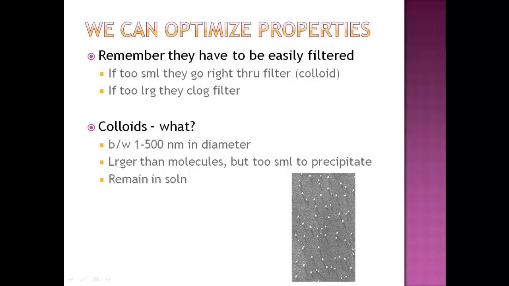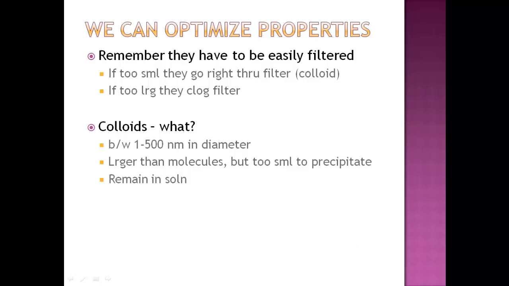So what defines them is that they're between 1 and 500 nanometers in diameter. So they are larger than molecules, but they're too small to actually precipitate and filter. So they remain in the solution. So you don't want that, because that's not going to help you with weighing your product.